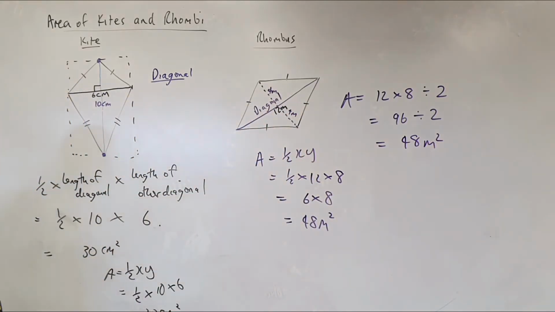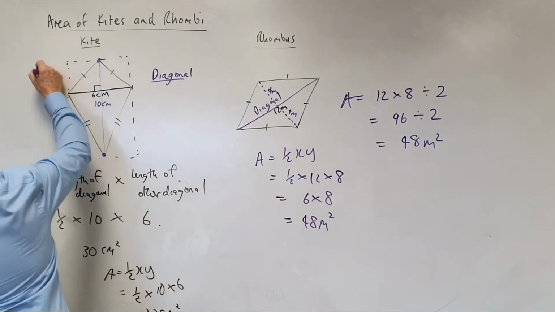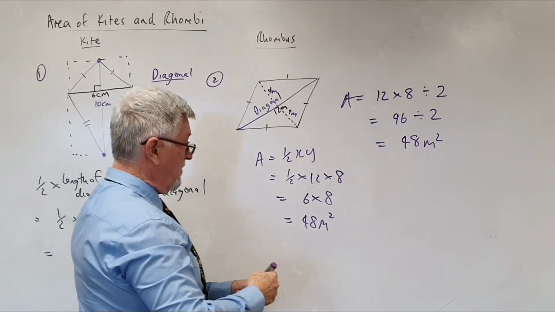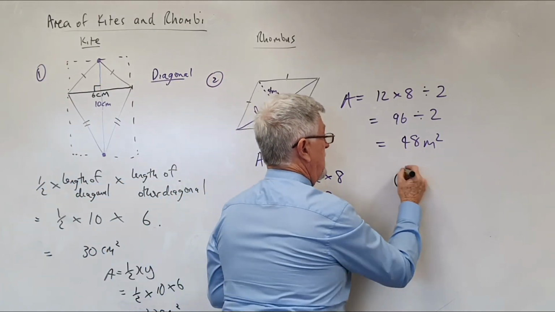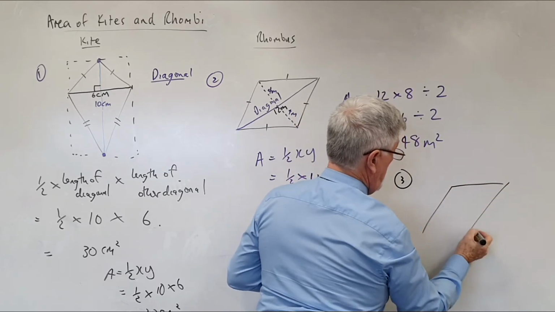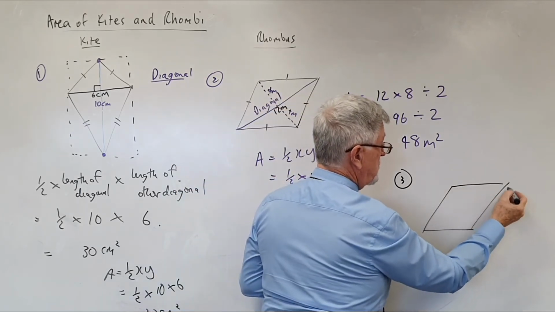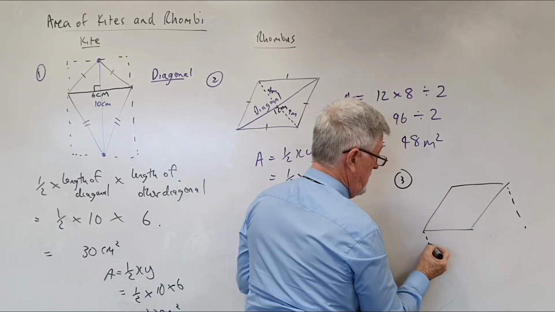The only thing that tricks people is sometimes they decide to put the numbers on the outside. So let's say I had a kite over here. Let's call that number 1. Number 2, let's go for number 3 over here. And if I decided to say, here's a parallelogram, a rhombus, much the same as the other one there, some people like to try to say something like this.